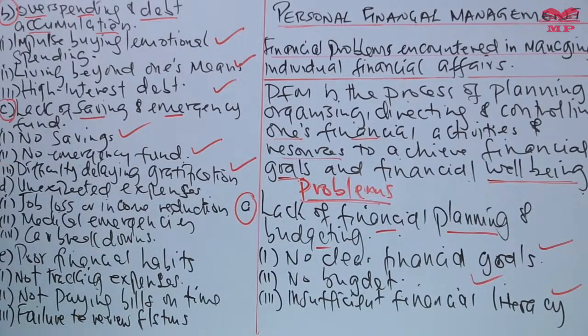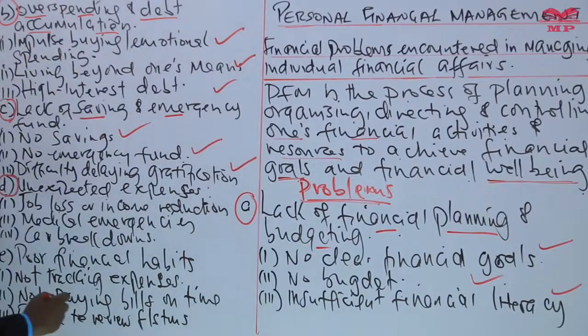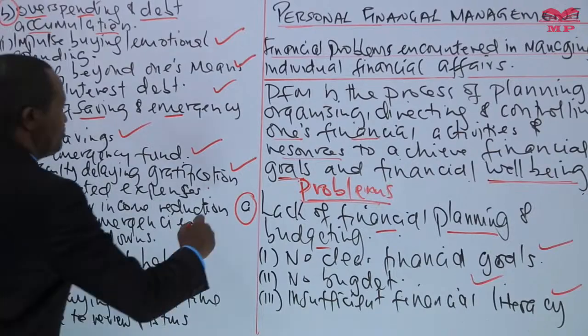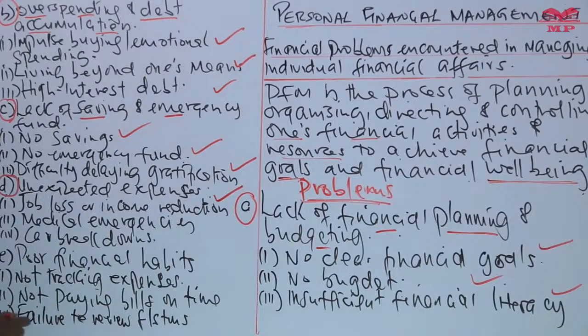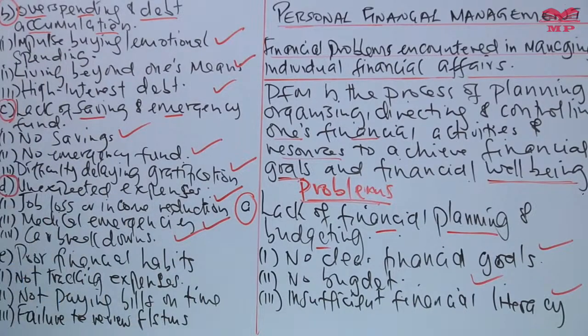The fourth category is unexpected expenses that may be occasioned by job loss or income reduction, medical emergencies, house repairs, and so on.